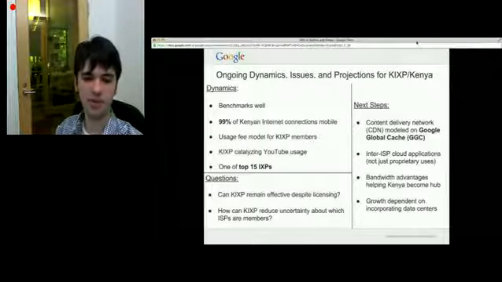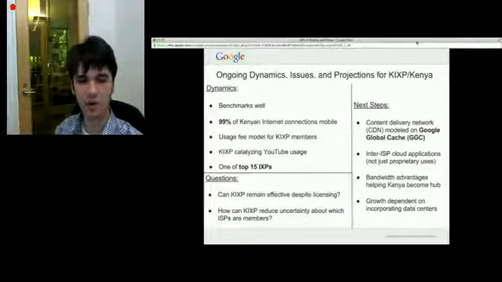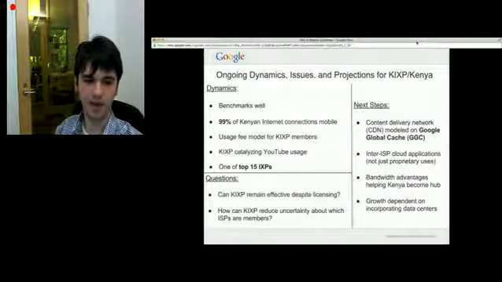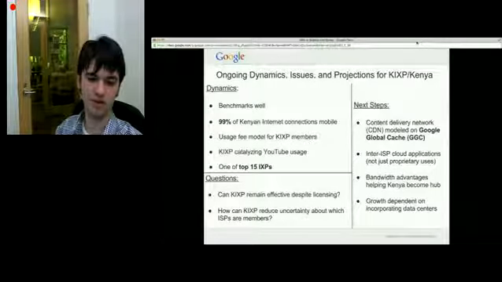So with all of that said, open questions remain. Among them, can IXP remain effective despite licensing issues? We mentioned that mandatory licensing regime. And how can IXP reduce uncertainty about which ISPs are really members?